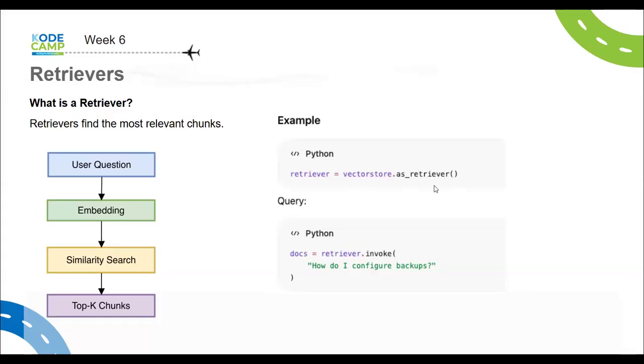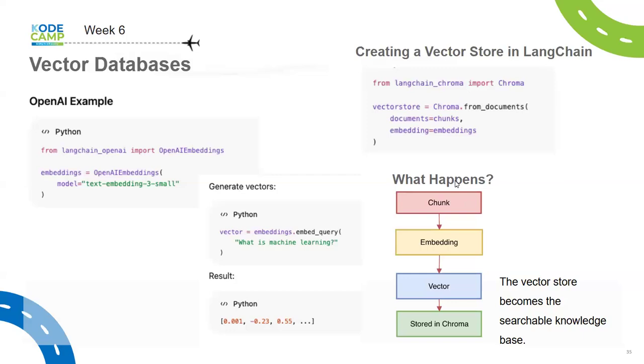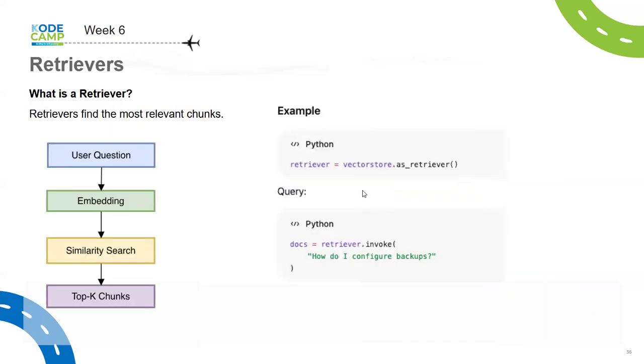You can get a retriever from a vector store after you have created the vector store in this manner, right? You can get the vector store as a retriever. And then to use a retriever, you use invoke. You call invoke and you pass in the question or query.